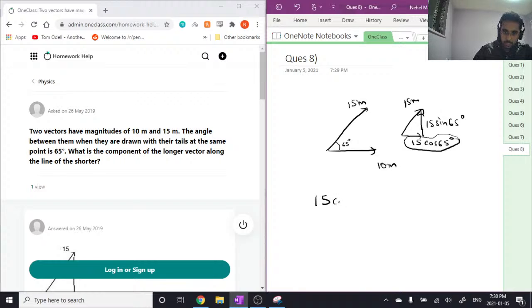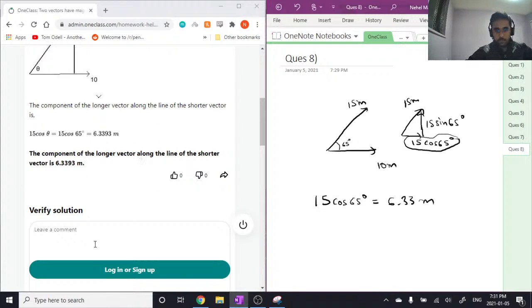So 15 cos of 65 degrees is equal to 6.33 meters along the shorter vector. Okay, so perfect. This answer is also correct.